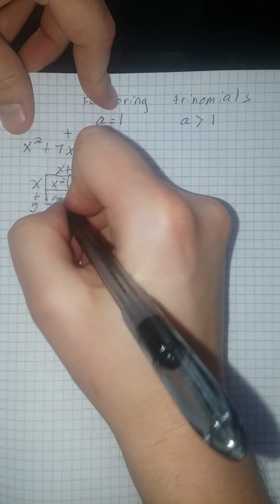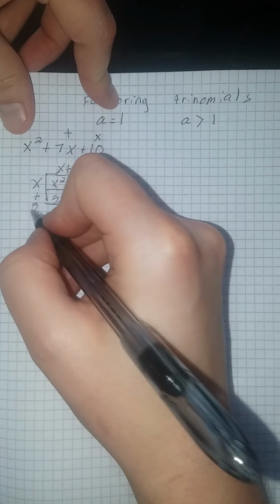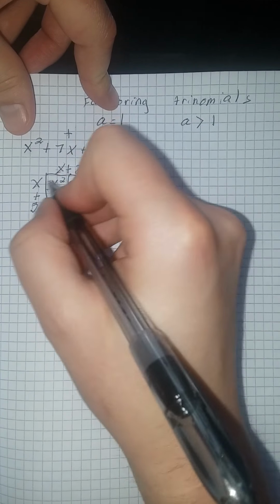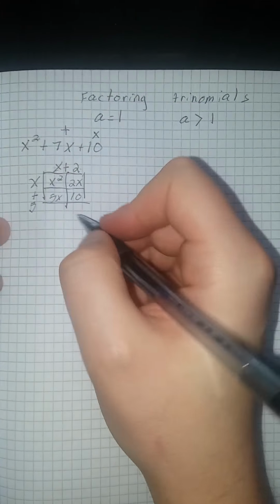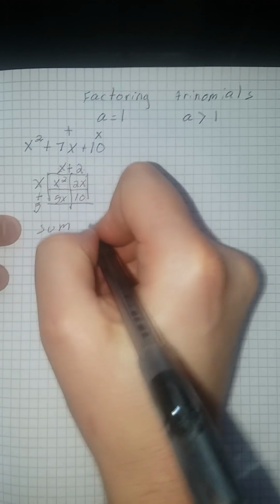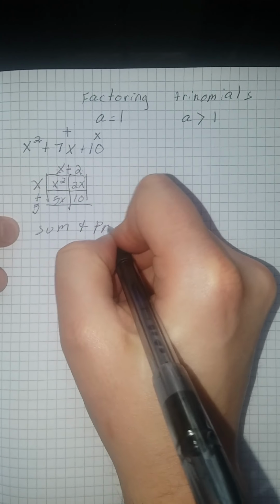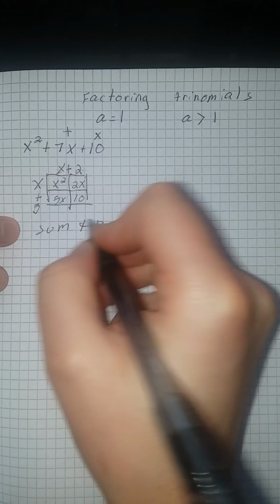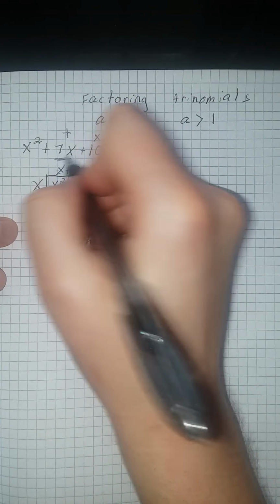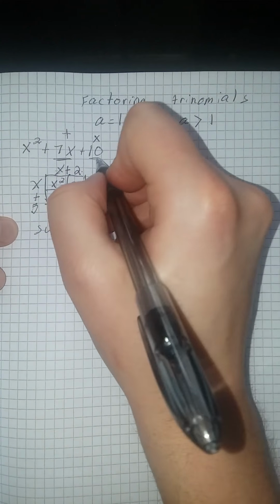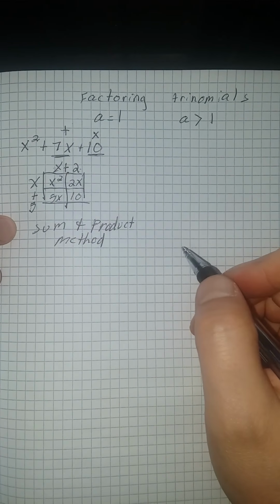So 5 times x is 5x, 5 times 2 is 10, x times 2 is 2x. This is called the sum and product method. It's always what 2 numbers add to make the middle term and multiply to make the c.